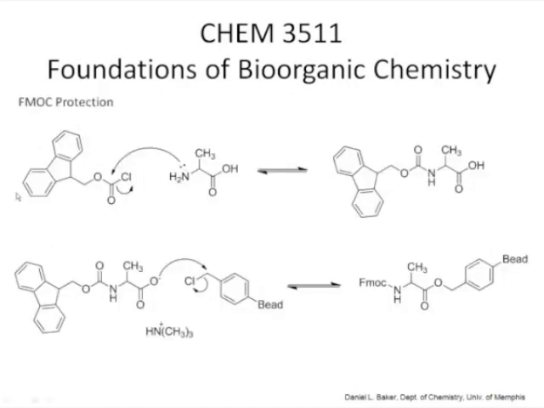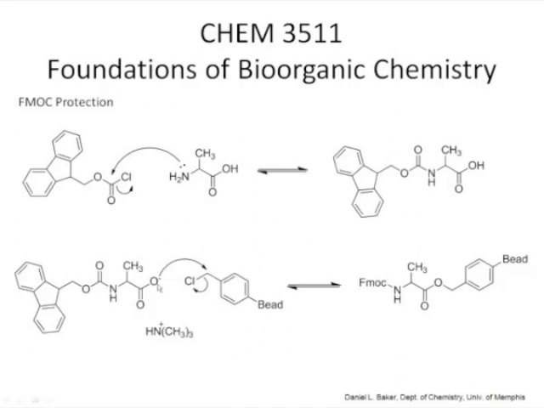So this is the Fmoc reactant. Here's our amino acid. In this case, we just have alanine. We're going to react the amino terminus here to get our Fmoc protected amino acid.